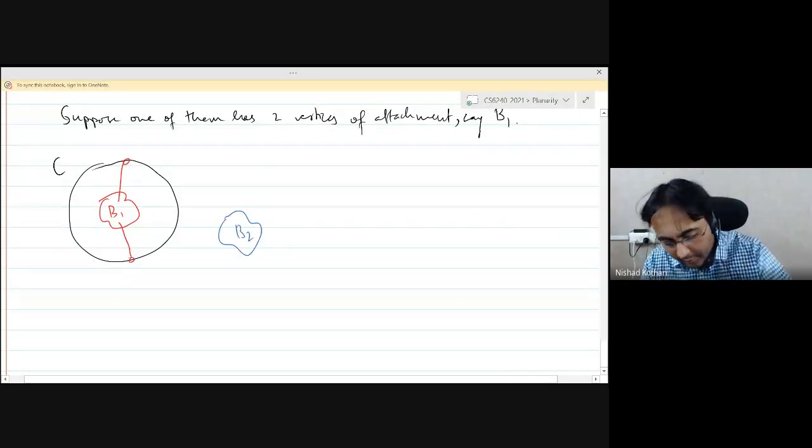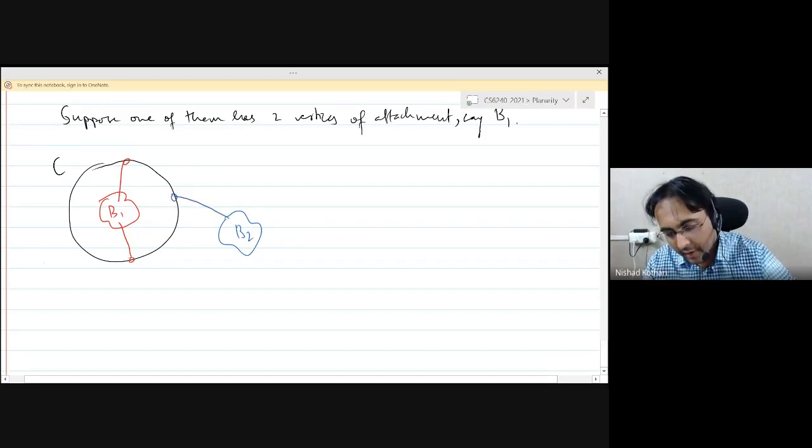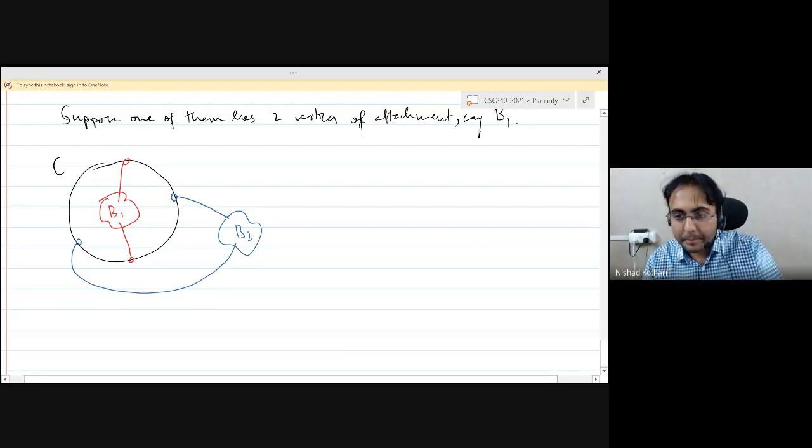Either all vertices of attachment of B2 are going to be on this path, or they are all going to be on the other path, in which case the two bridges avoid each other. But we know they don't avoid each other, we know they overlap. So that means the only way they can overlap is that B2 has a vertex of attachment which is an internal vertex of this segment, and another which is an internal vertex of the other segment.